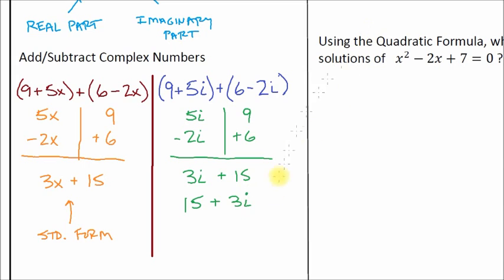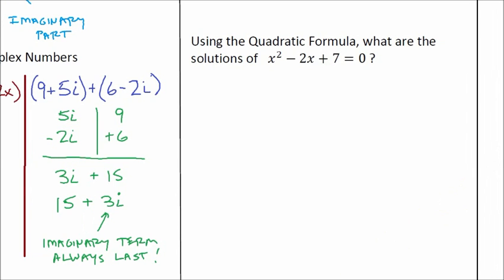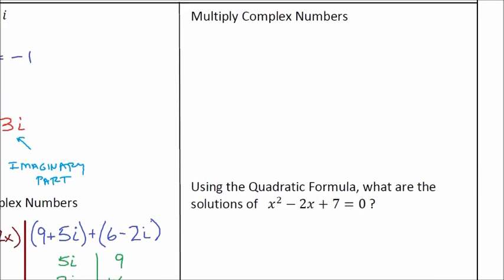Let's make a little notation here: the imaginary term always last. Okay, so that's how to add and subtract complex numbers. Pretty easy. It's exactly the same strategy as adding and subtracting polynomials.